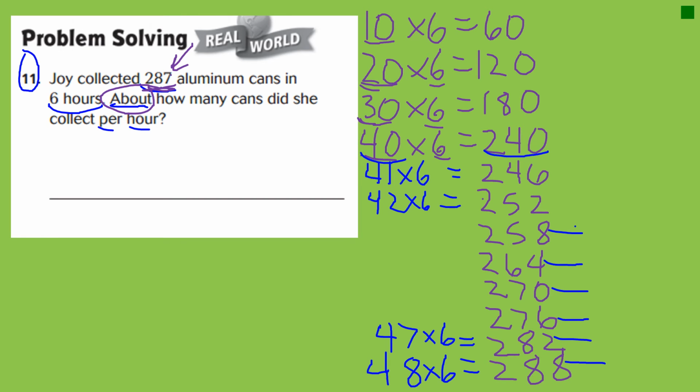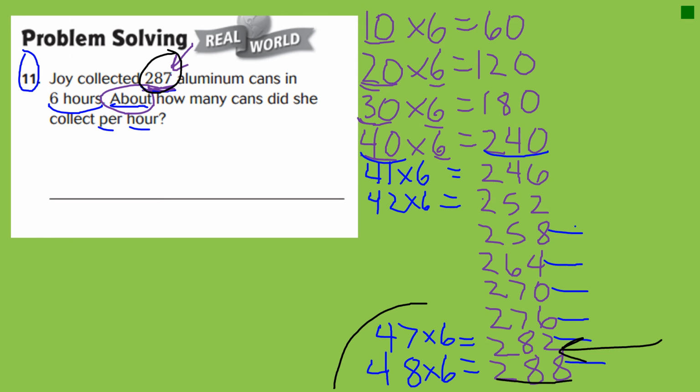Now I stopped at 288 because 287 is how many cans she collected. So, just like we did with those smaller numbers, 287 is between 282 and 288. So how many cans did she collect? Somewhere between 47 and 48. But which one is the better estimate? Let me go back up here. 287.